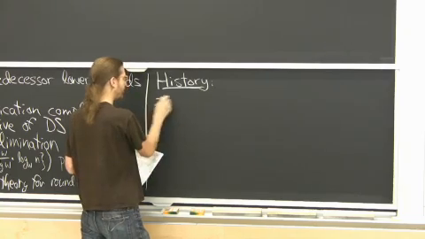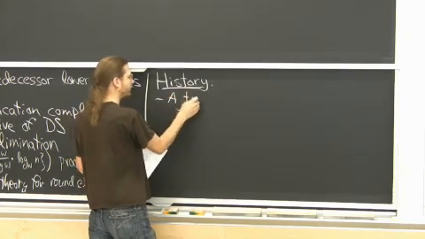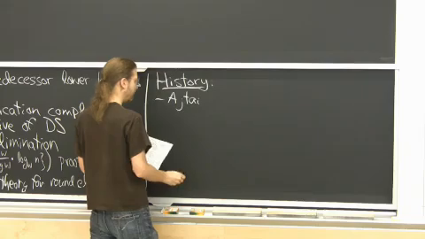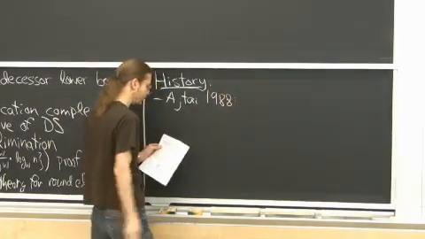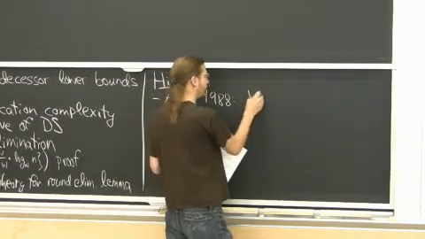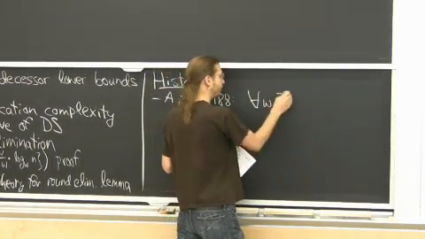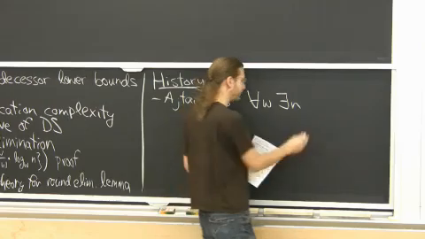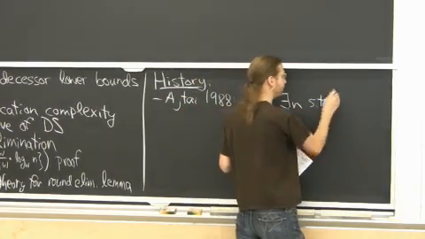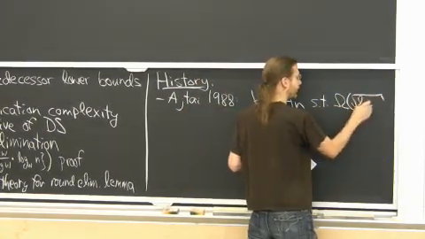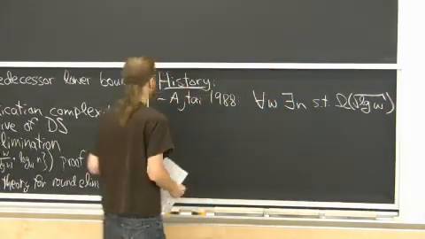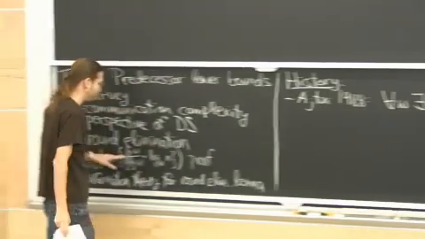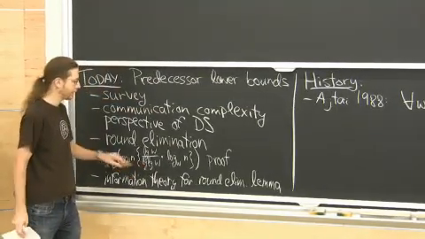So the first lower bound for the predecessor problem was by Ajtai in 1988. And he proved that for every word size, there's a problem size such that there's an omega square root log w lower bound. Okay, you can compare that with this one. This is log w over log log w.